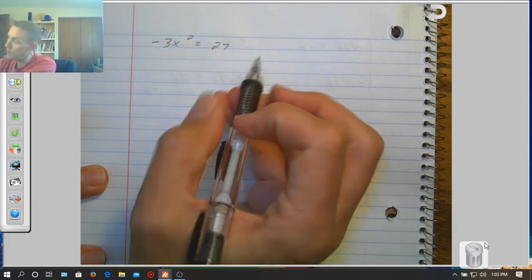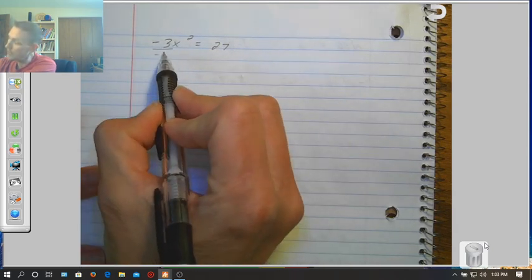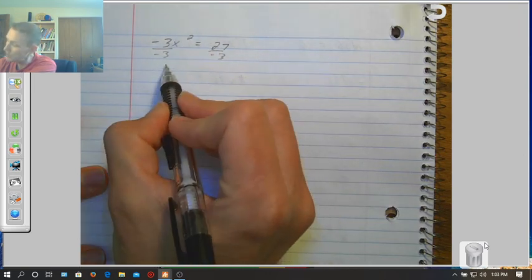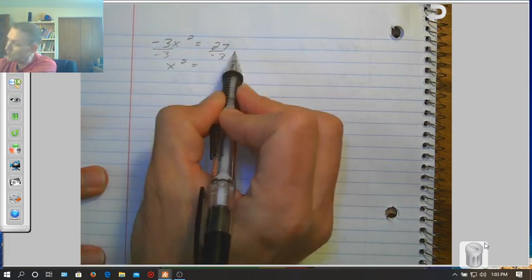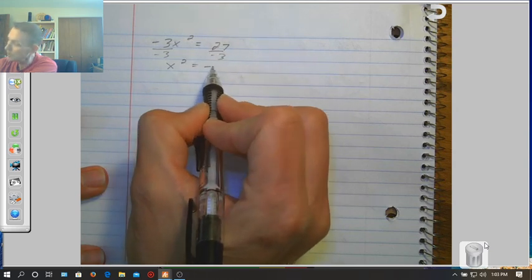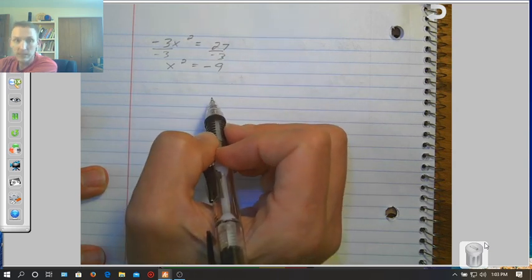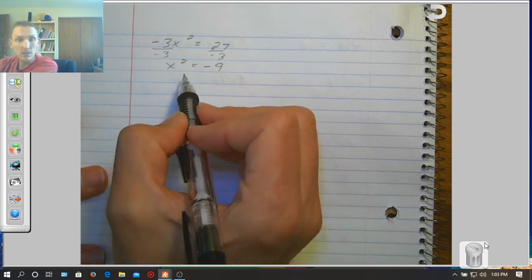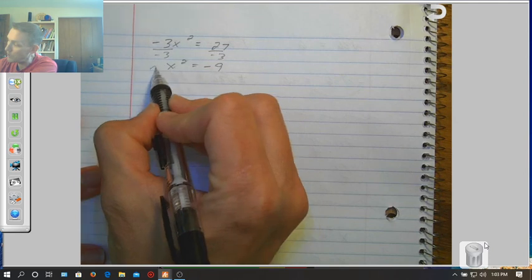Well, for this problem here, we're going to start by dividing by negative 3. So we're going to undo the multiplication with division, and I get x squared equals, and 27 divided by negative 3 is negative 9. Now I have to get x alone. And to do the opposite of squaring, I will square root.